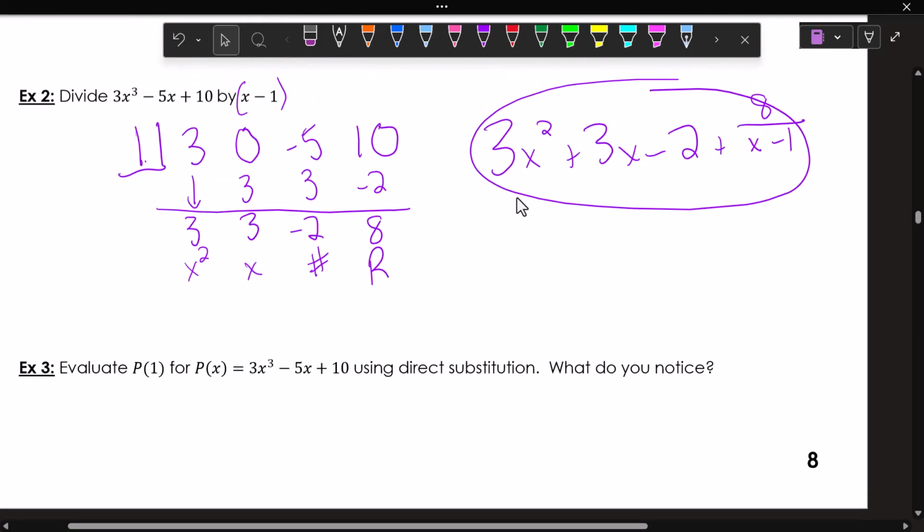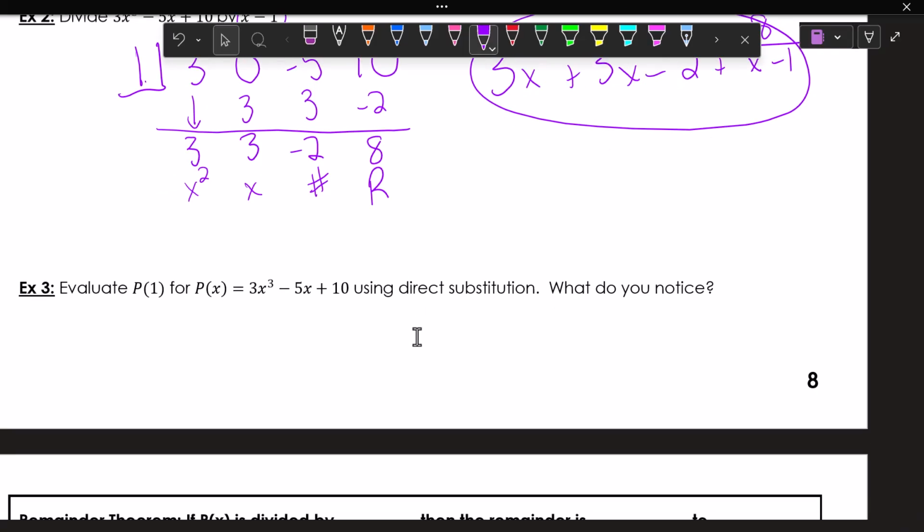Now, example 3 kind of uses the same equation. I think they're trying to show us something. Evaluate p of 1, meaning x equals 1, substitute it in. So p of 1 equals 3 times 1 cubed minus 5 times 1 plus 10. 1 cubed is 1 times 3 is 3.